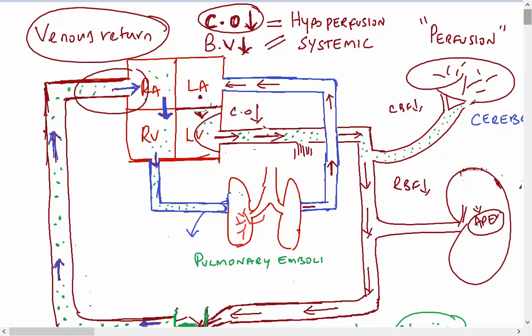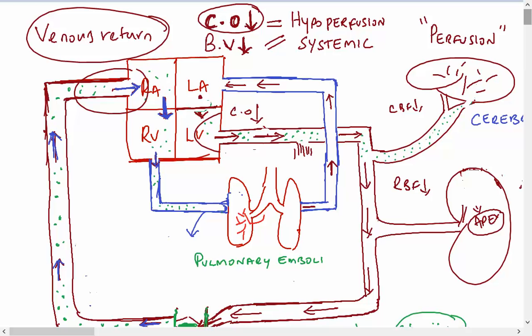Another reason, which happens in severe burn injury. If you see a burns patient, immediately they will swell. Why? Because there will be a shift of fluid from the blood. For example, this is blood. The shift of fluid from blood to the interstitium.